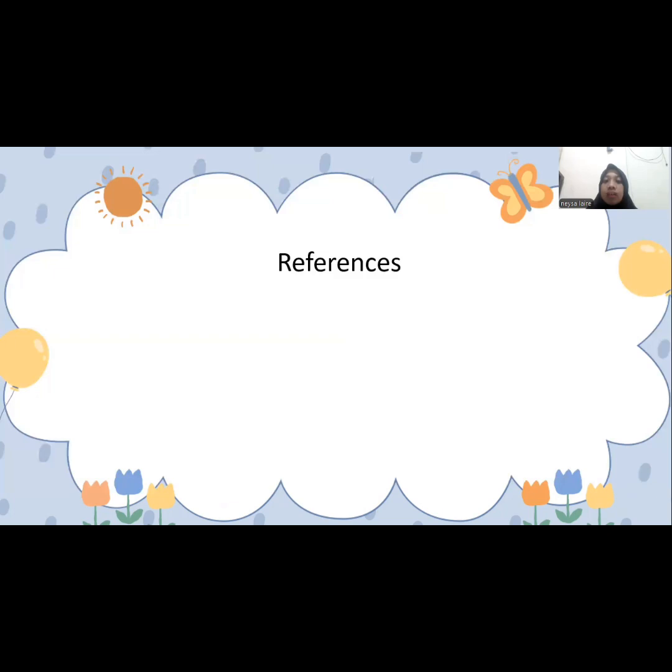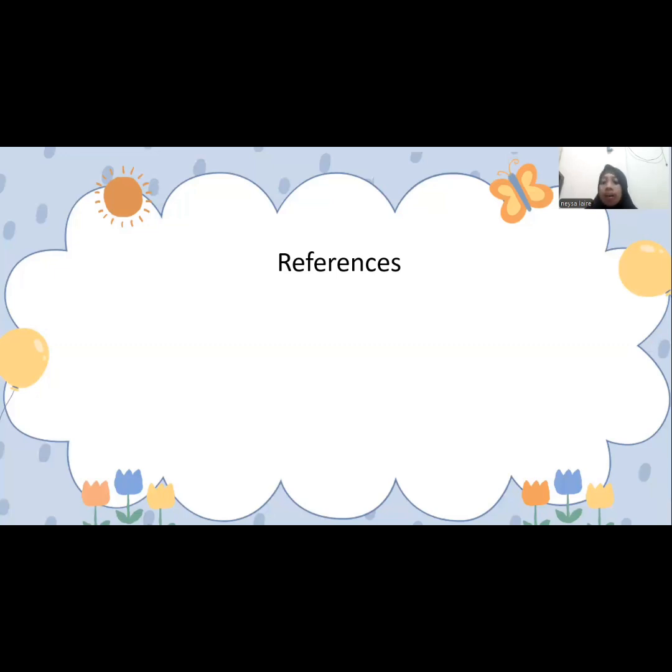References. Quirk, R. et al. 1985, A Comprehensive Grammar of the English Language. Huddleston, R. and Pullum, G. 2002, The Cambridge Grammar of the English Language.